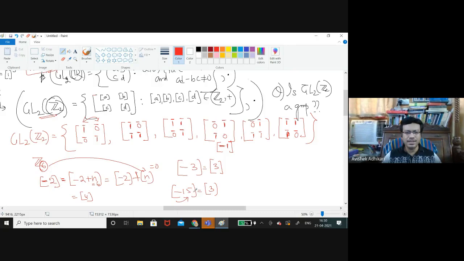So just add multiples of n, that means 6 plus 6 plus 6, 18, and that gives you 3. That's all. So here also, minus class 1 is class 1. So all these determinant values are class 1, right? So now you can see that you have 6 different elements.